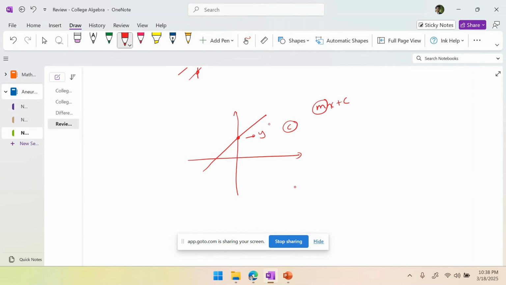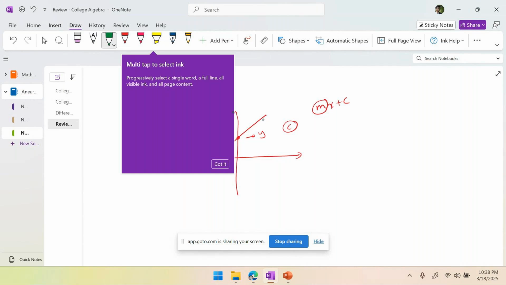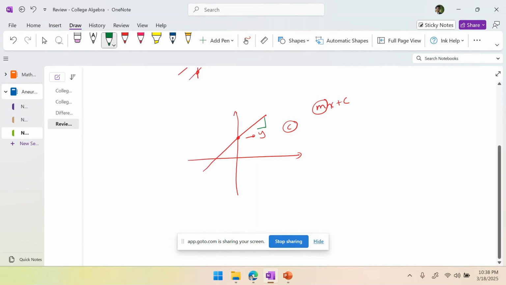Remember that the m value is the tangent value, so you just need a right-angled triangle and this angle. Not actually the angle, but the tan value of that angle, and the tangent of a right-angled triangle is defined by the opposite side divided by the adjacent side.